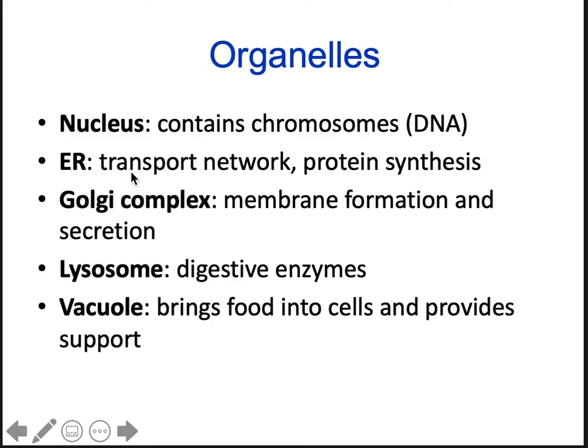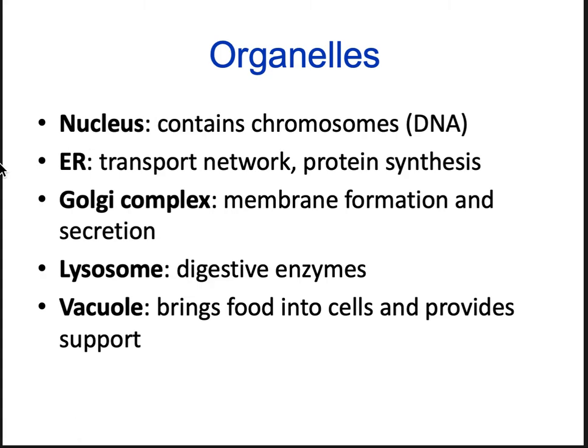It's a network where transport happens, and a lot of protein synthesis happens there, which is turning that mRNA transcript, which is a nucleic acid, into an amino acid sequence to become a protein.